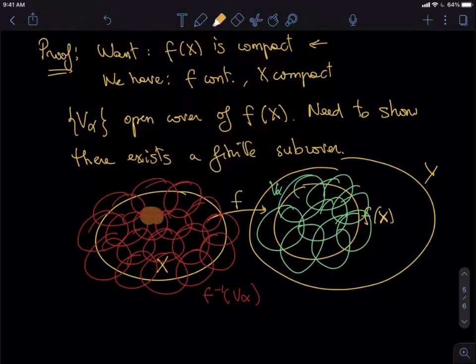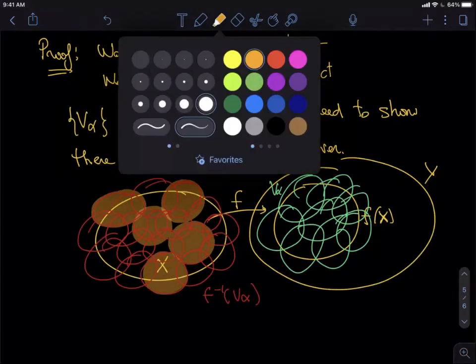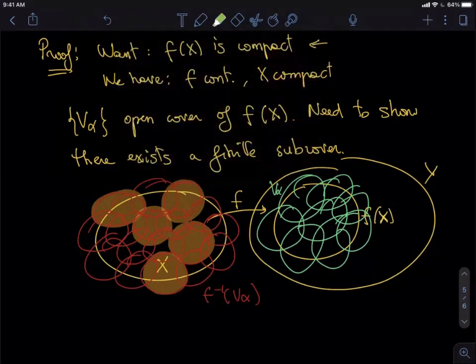Then here we are going to select a finite subcover, whatever that is, and then we are going to send it back forward to whatever covers f of X. That's the way we are going to get the finite subcover.